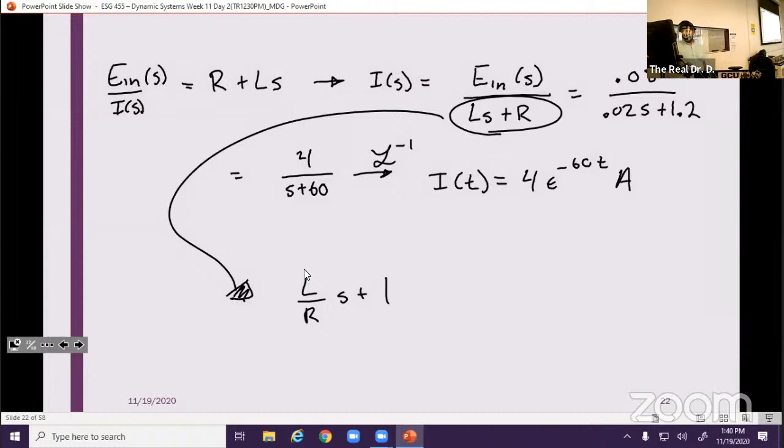Or you get it from here. How much time does it take me to offset that negative 60 so I get negative 1? It should be 1/60th of a second, day, month, year, hour. I like 1/60th of an hour.